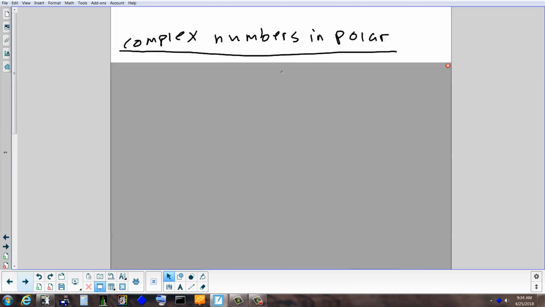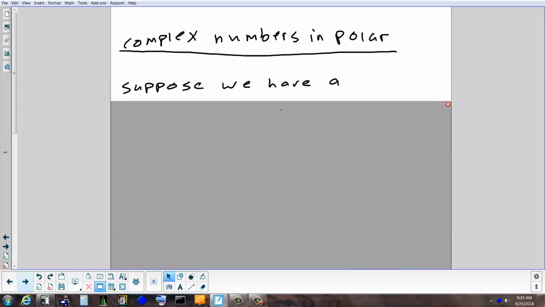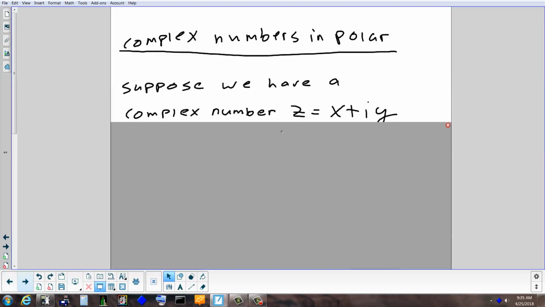So I'm going to show you how to write a complex number in polar, and then we're not going to do too much with it today. We might learn how to convert one way, but we're going to save the other way for tomorrow. All right, so suppose we had a complex number. They use the letter z a lot, so I'm going to call it z. And z has a real part and an imaginary part.